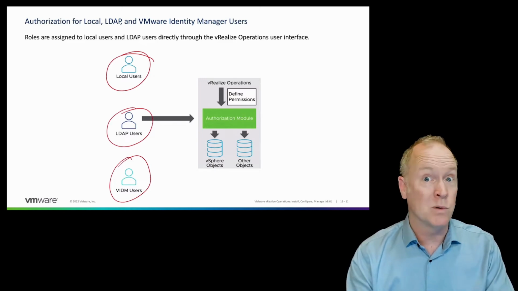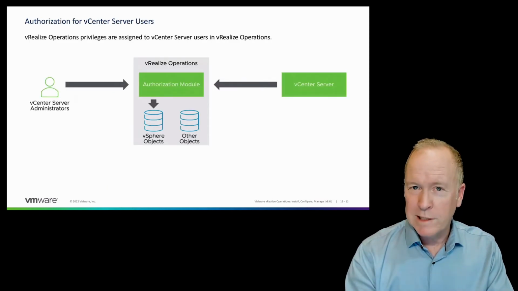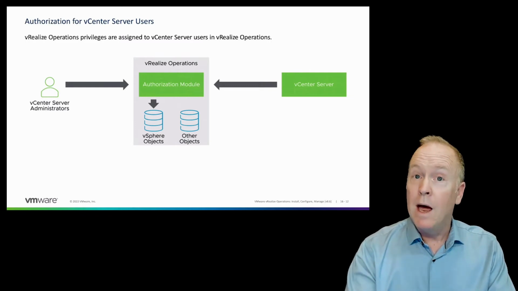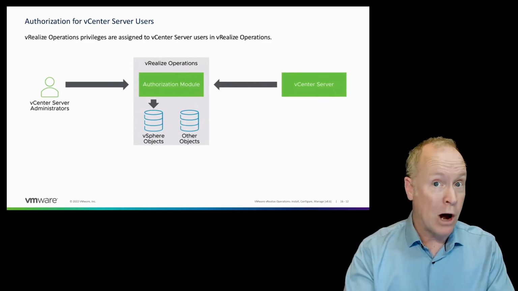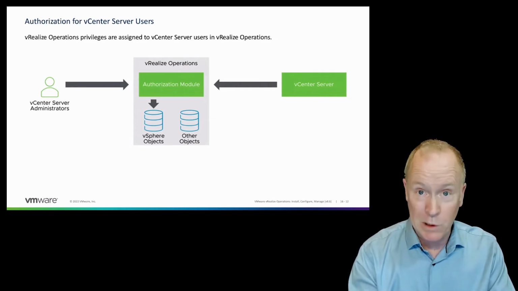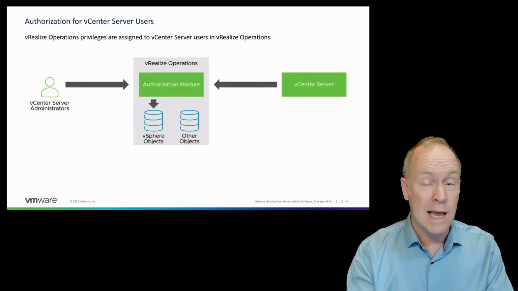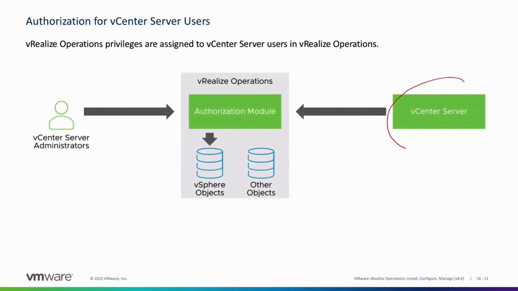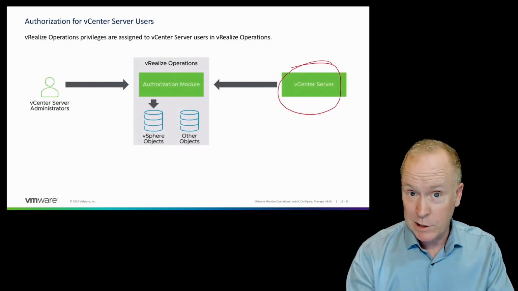So let's take a look at what happens with vCenter accounts. If you log into vRealize Operations using your vCenter credentials, then vRealize Operations does not perform the authorization to specify what you can do. Rather, if you are logging into vRealize Operations as a vCenter user, then it is your vCenter permissions that govern what you're going to be able to do in vRealize Operations.